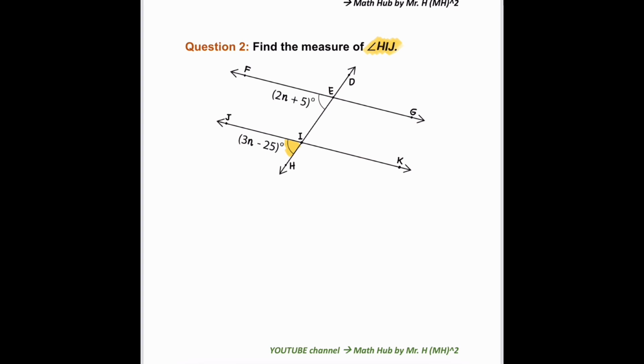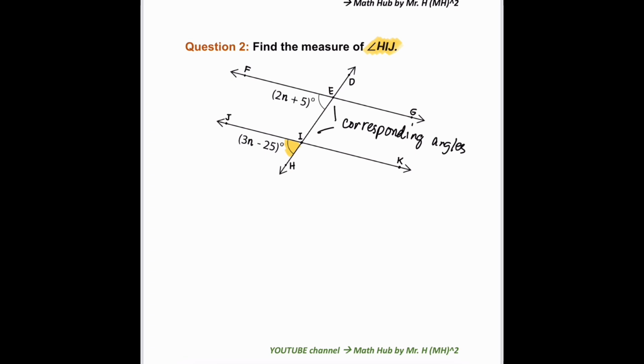The first thing you need to know before doing the algebraic calculation is to identify what type of angle pair we are dealing with. Those two angles are corresponding angles.